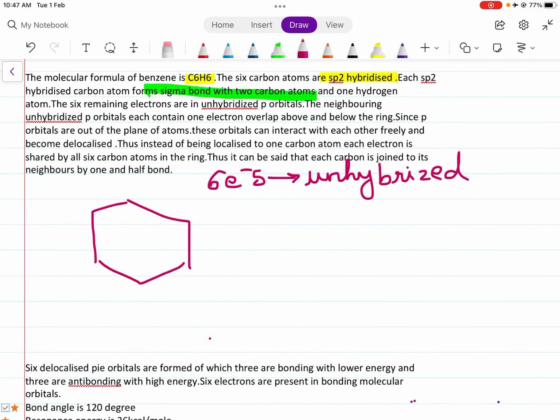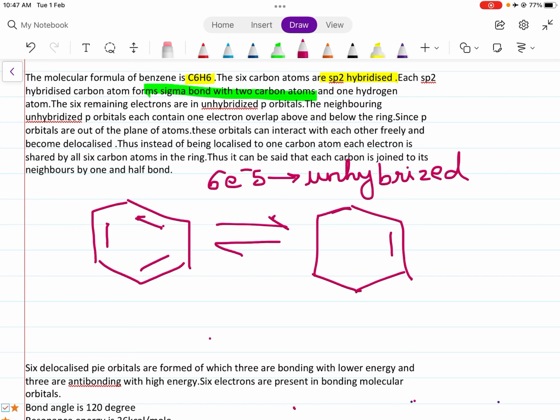So if I am taking a structure like this, then because these electrons are unhybridized, its equivalent structure can also be like this. Correct? So what is it trying to say? That this carbon atom has this electron and this electron is with this carbon atom.